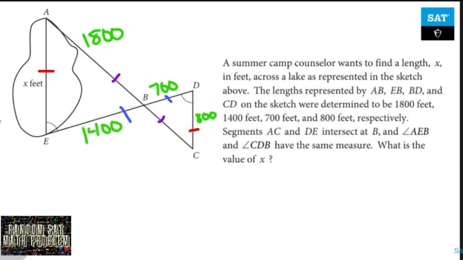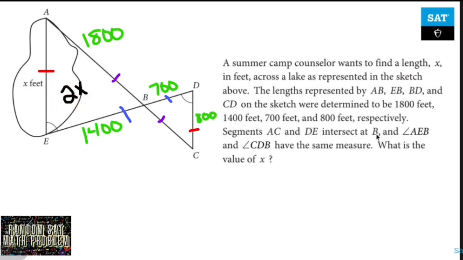I apologize if you're colorblind. Since 700 here matches up with 1400, this entire shape is 2 times bigger.